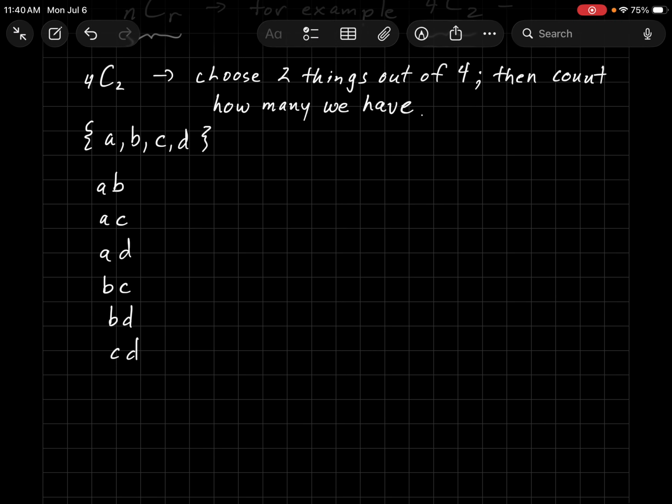These are all the combinations that we could possibly have. Now, 4C2 is not this set of things. 4C2 is how many things we have in this new set of 2. And we see that 4C2 is 6. When we choose 2 things out of 4, we get 6 different things. Well, how about a permutation?